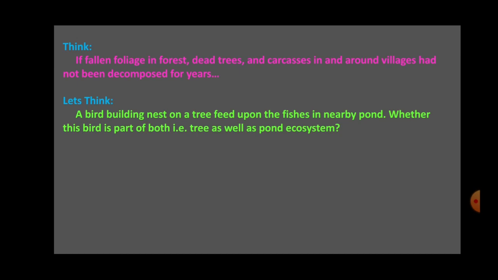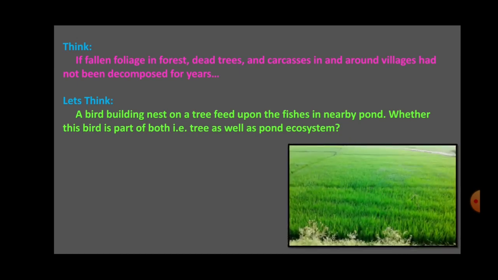Okay, next. Now you can see a picture of paddy fields. We have studied these paddy fields. Paddy is cultivated on a large scale mostly in various states of South India. Now paddy fields are usually attacked by grasshoppers.